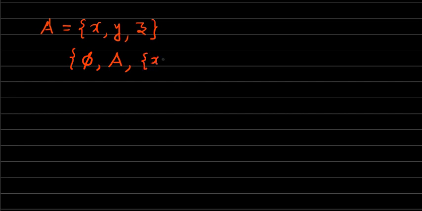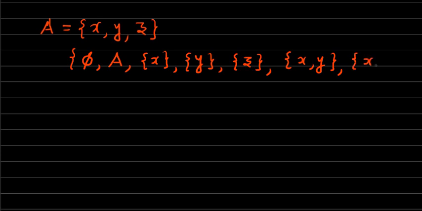Then the set containing only X is also a subset of A. The set containing Y, the set containing Z, the set containing two elements X and Y, X and Z, and Y and Z are all subsets of A. The set containing three members X, Y, Z is the set A itself, which I have already covered.